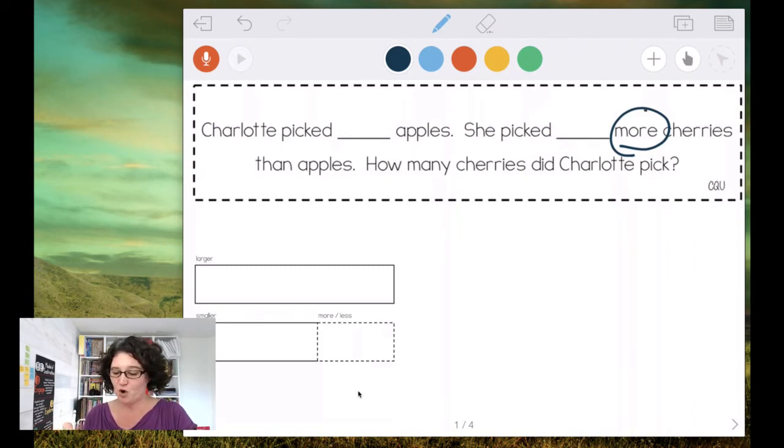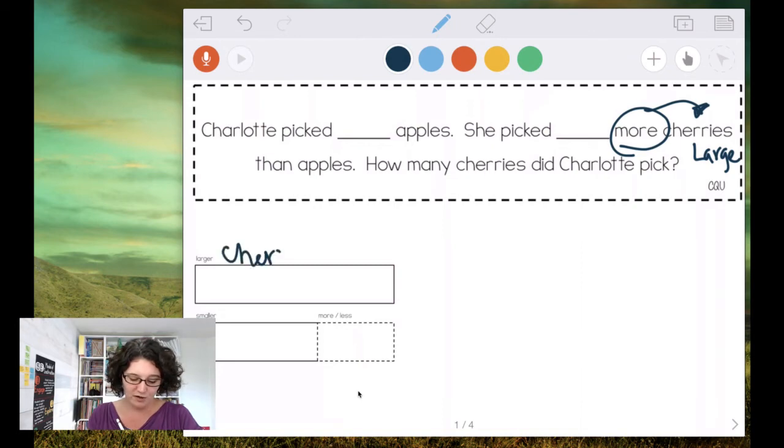So she picked more cherries, and the more part is the cherries in this problem. And so that will be your larger number. If I'm doing this with students, I will put cherries down here and label it with students. That's the more part of it. The apples then becomes the smaller part, and I would label that with student.